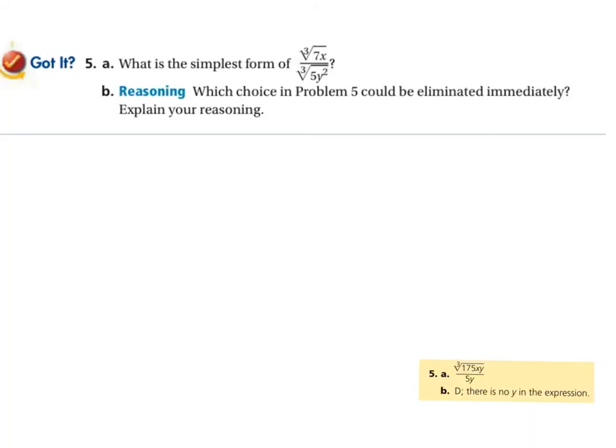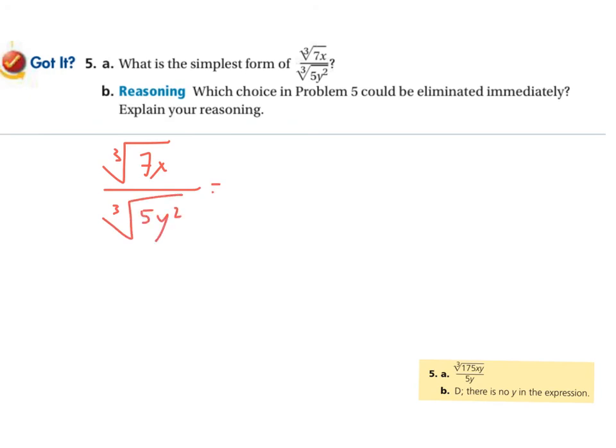Okay, so the trick here when we start is to start thinking about what you're going to do to pick that well-chosen 1 that you're going to multiply top and bottom by. And notice here, square root seems easier, right? It's multiplied by the exact same thing. This is a cube root, so I have to think about how am I going to create those perfect cubes. So to start out with, we have the cube root of 7x over the cube root of 5y squared.